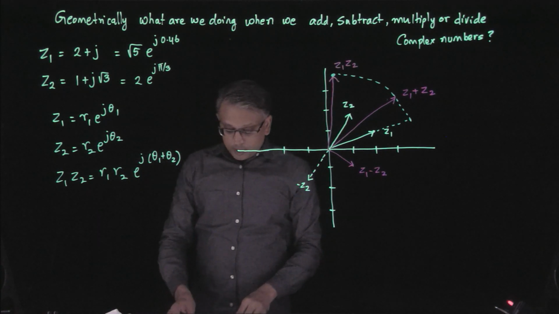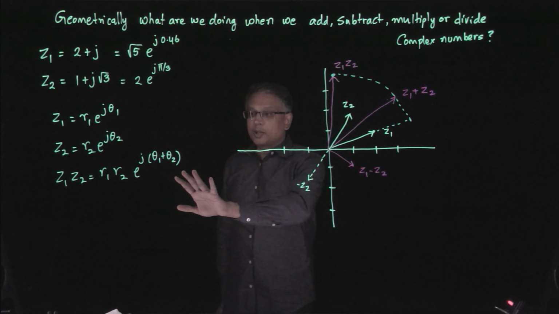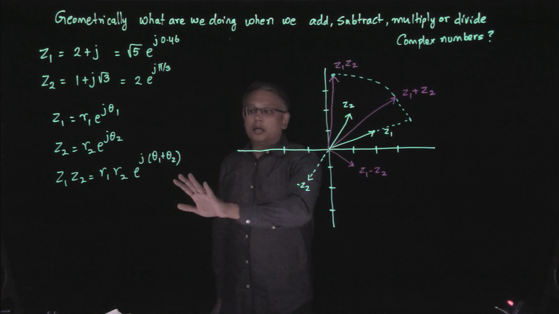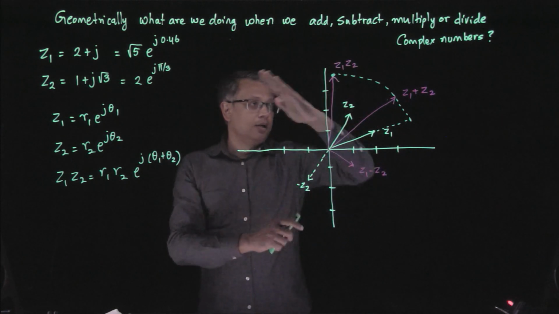I think one thing that is very important to realize is that when you multiply two complex numbers, that's scaling the vector and rotating it.